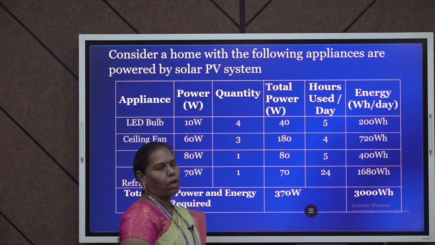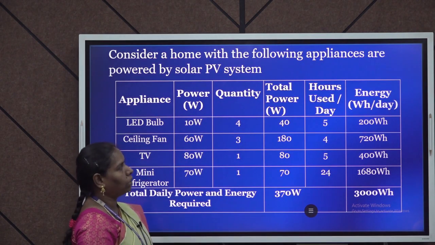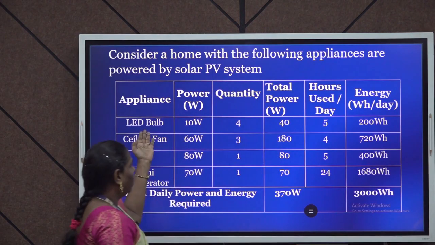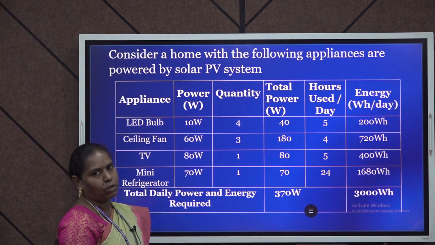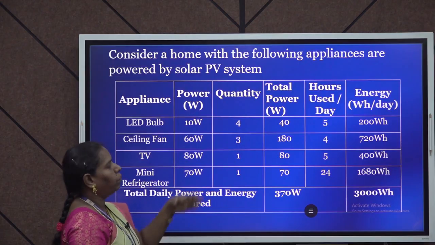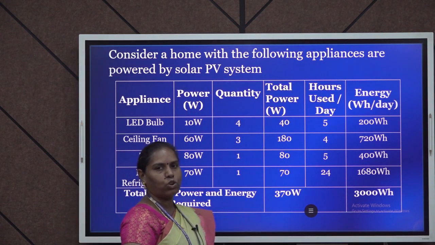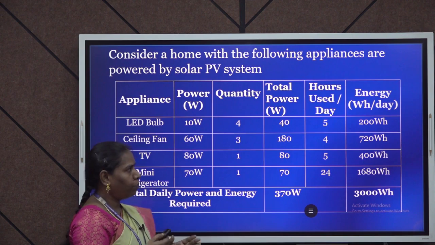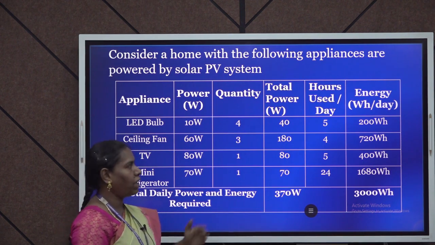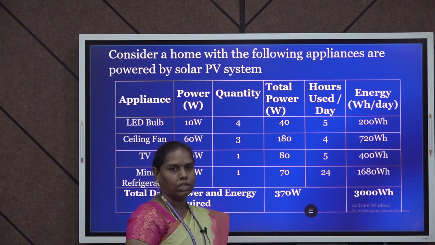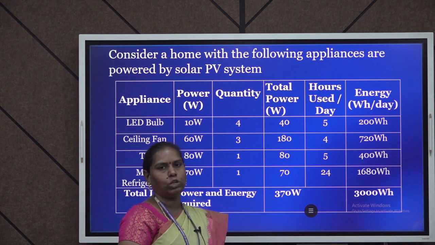In the next column we have to consider the utilization of appliances. The LED bulb may be operated for 5 hours per day and the ceiling fan for 4 hours per day. The refrigerator may be operated for 24 hours per day. Based on the hours of utilization, we tabulate the data and accordingly calculate the energy. We know the formula: energy is equal to power into time.